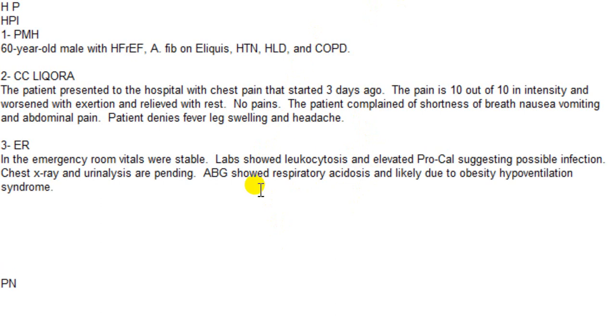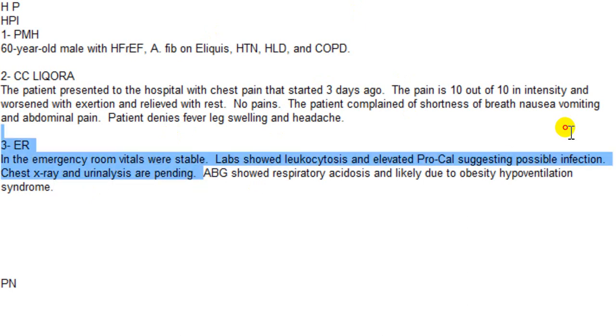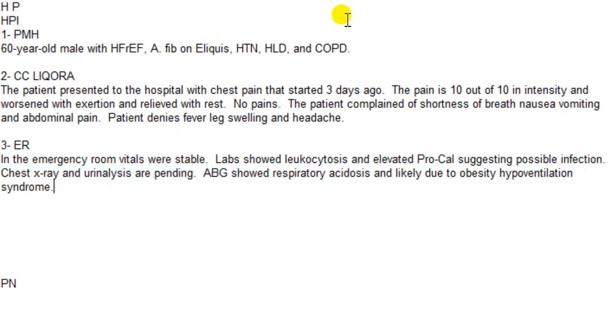Try to know what labs are present and put in some thinking, and then you can put what the ER recommended after that.